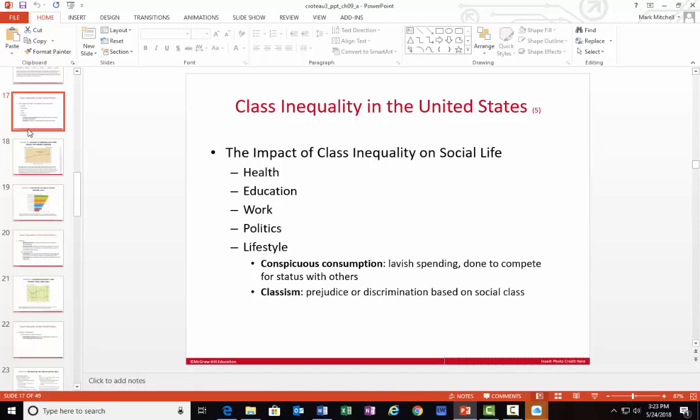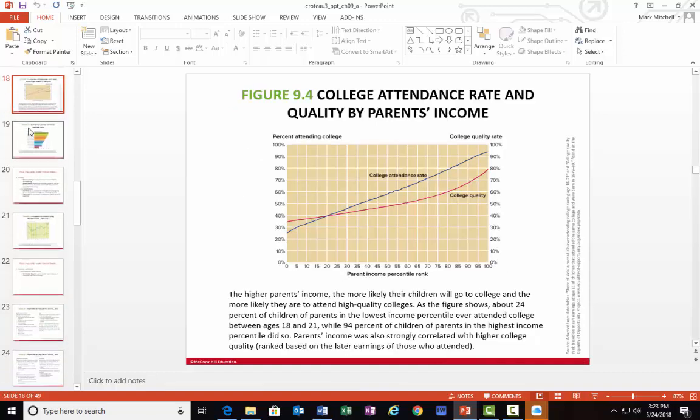Our book does have a picture of the Biltmore estate in North Carolina, which is the largest home, but that was at one time the home of a family in North Carolina, so just a very good thing to relate to conspicuous consumption. Classism: we've seen discrimination before, but this time it is based on this inequality by social class, which of course is related to income that Marx and Weber mentioned earlier in the chapter.